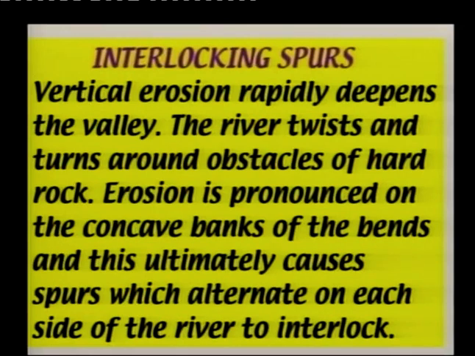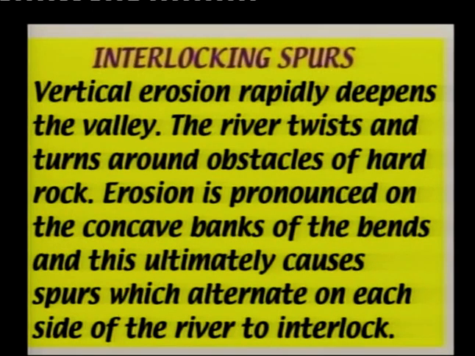The river that flows along that valley twists and turns around obstacles of hard rock. Erosion is pronounced on the concave banks of the bend, and this ultimately causes the spurs, which alternate on each side of the river, to interlock. So your explanation should be similar to that information.